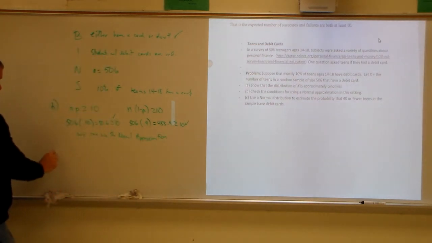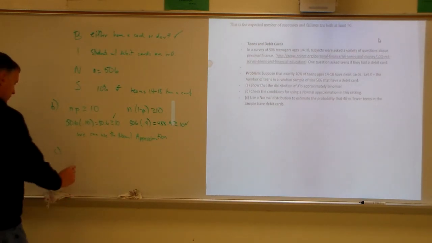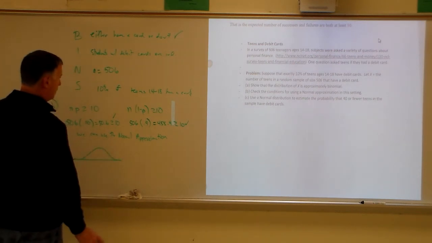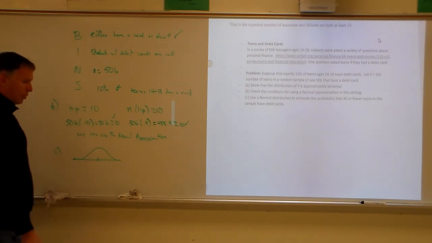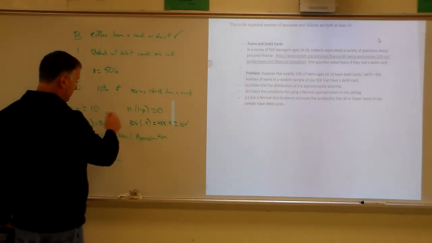Okay? Part C. Use a normal distribution. Yay, chapter 2. To estimate the probability that 40 or fewer teens. Well, let's look. Little normal model. I don't know what to put in the middle yet. What do I put in the middle? My mean. I didn't find my mean. Well, we can find the mean.